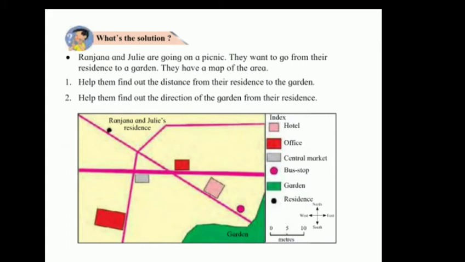Now the second one, help them find out the direction of the garden from their residence. See, using this compass rose, we can say the garden is in the southeast direction with respect to their residence.